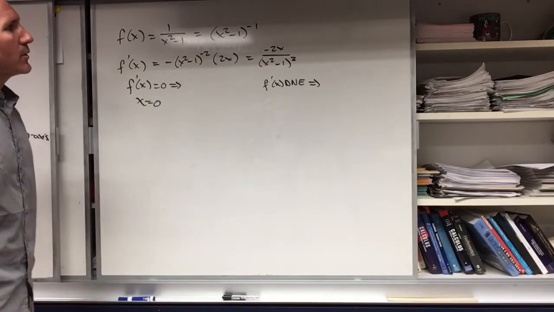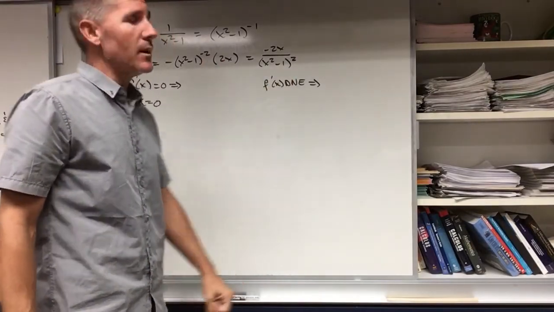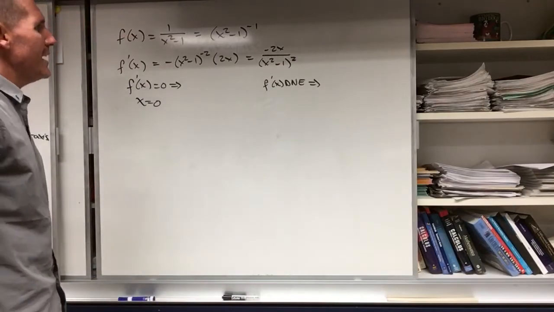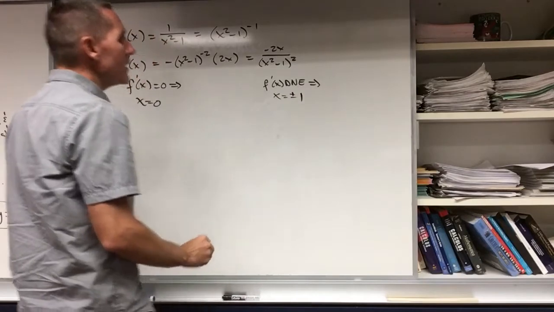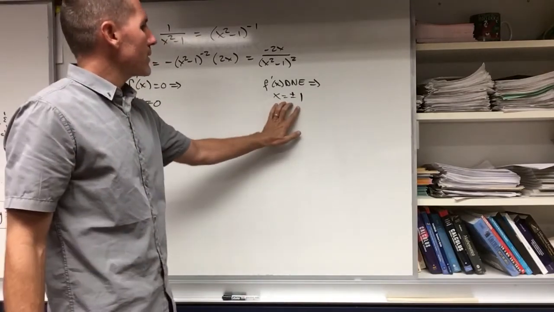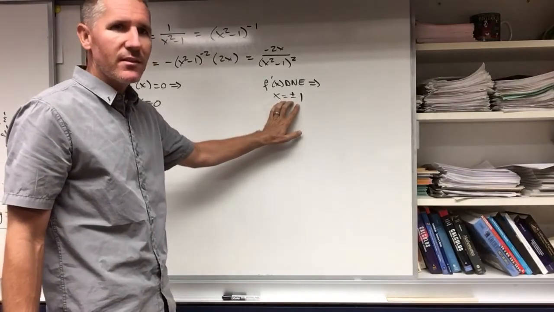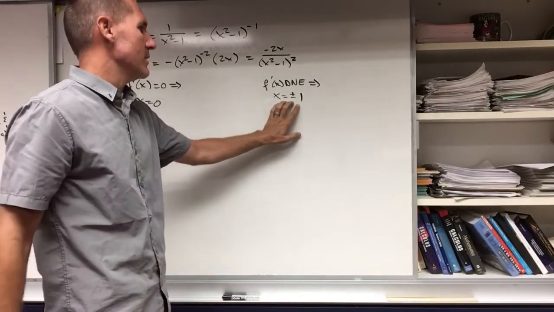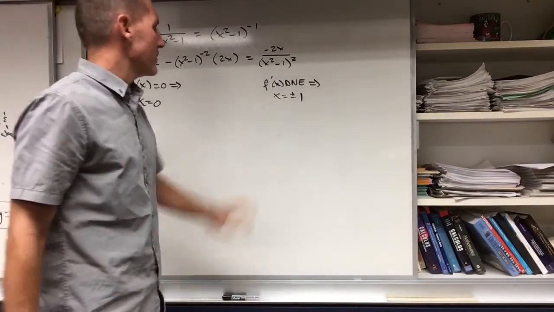Over here, the derivative does not exist when we make the denominator equal to 0, and that's just going to yield x equals plus or minus 1. But we already know that the derivative is not going to exist there because the original function doesn't even exist at x equals plus or minus 1. So that's not surprising to us right there.